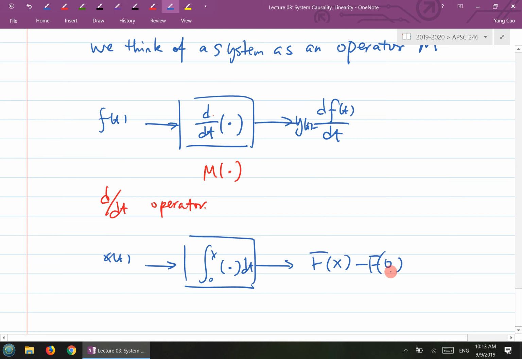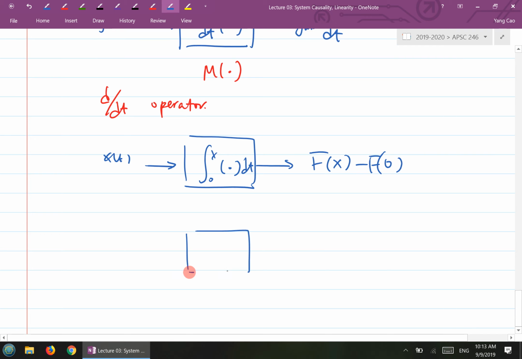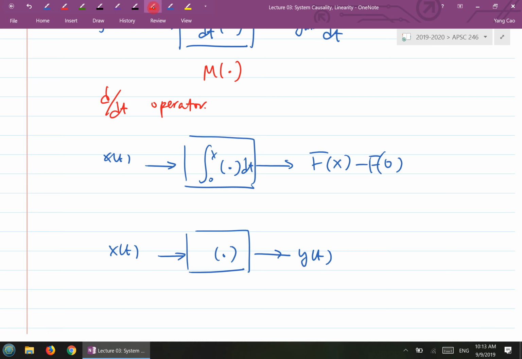So that's the idea of an operator. Whatever inputs are given to the system, I'm using this big M symbol to represent the operator, the action of the system. It can be as simple as a derivative, or it can be more complicated, a combination of different kinds of things.